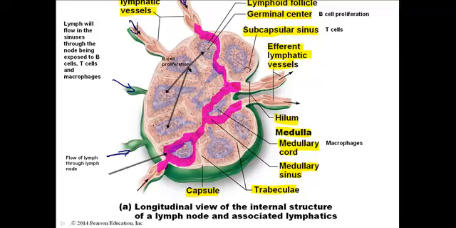Then you have these areas in a lymph node, and what happens here is that the lymph will fill these areas, and it'll mill around all of these areas here. These are centers where B cells will proliferate, and these are called germinal centers of a lymphoid follicle. Okay?